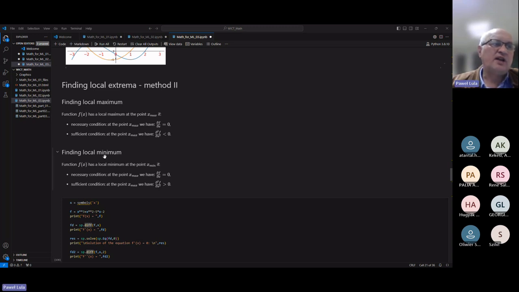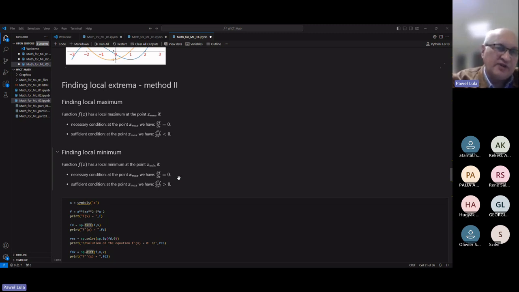When we want to find local minimum, first we should solve the equation that the first derivative is equal to 0, and identify potential points in which we can have local minimum. After that, at these points, which we identified during the first step, we should check if the second derivative is positive or negative.